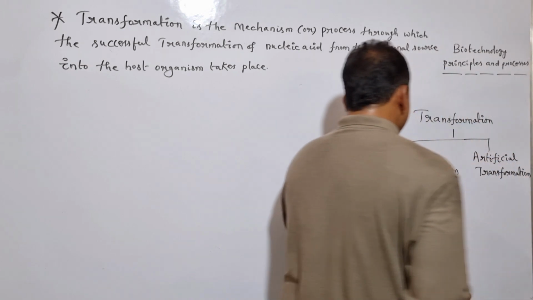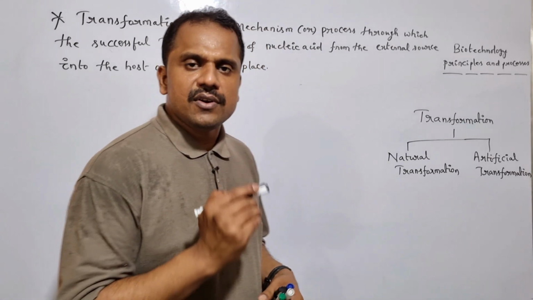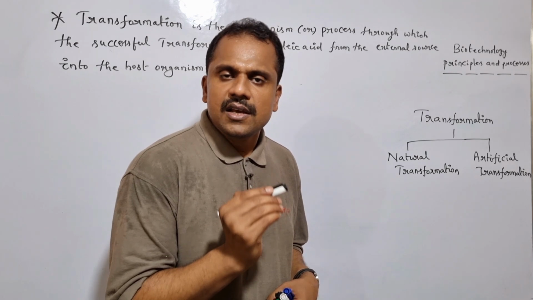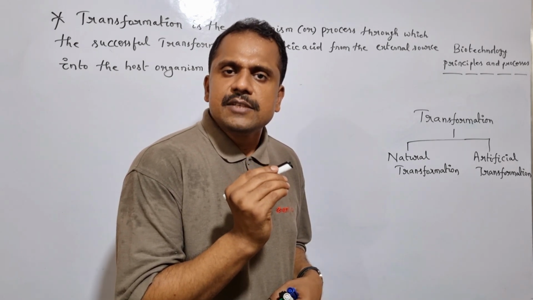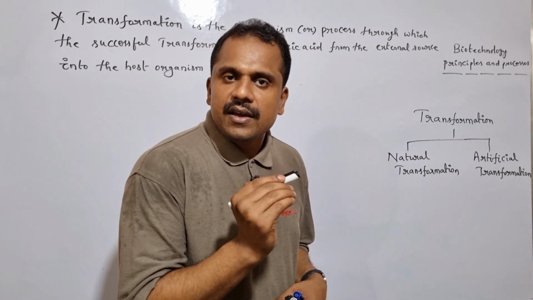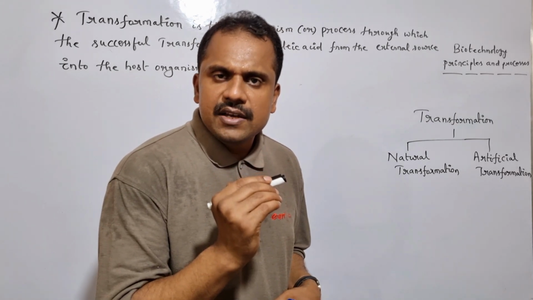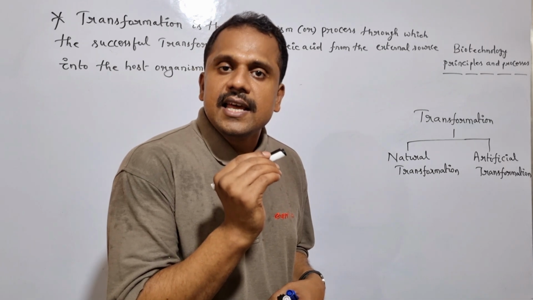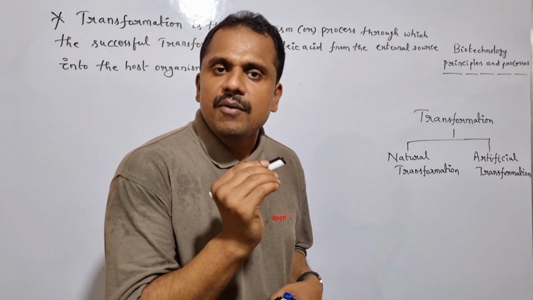At first, if we consider natural transformation, what is natural transformation? As the name itself suggests, it is a natural process. Most commonly natural transformation is observed when the specific E. coli cell or bacterial cell acquires maturity. Under such condition, the bacterial cells are capable of regulating the expression of specific genes termed as competent genes.